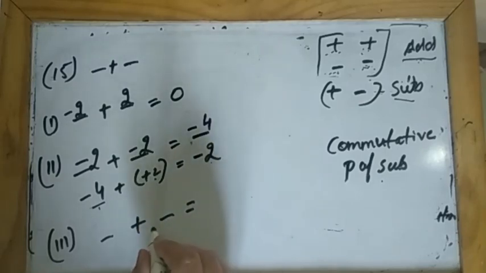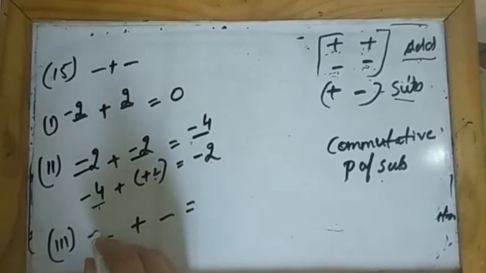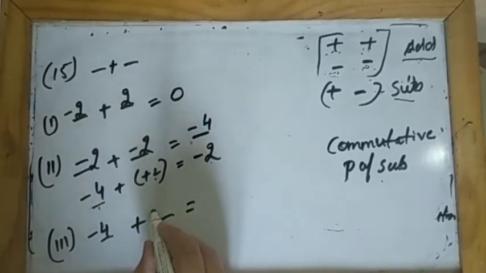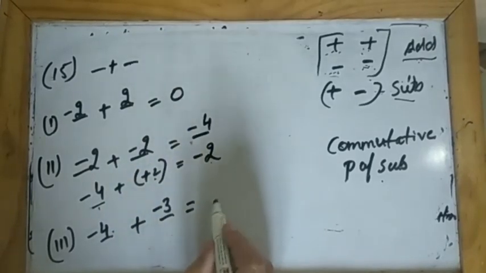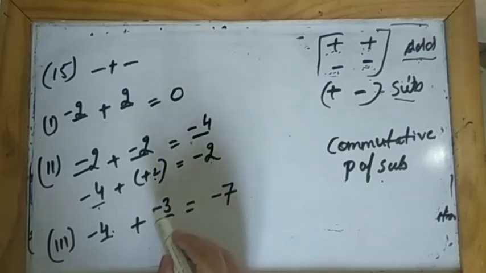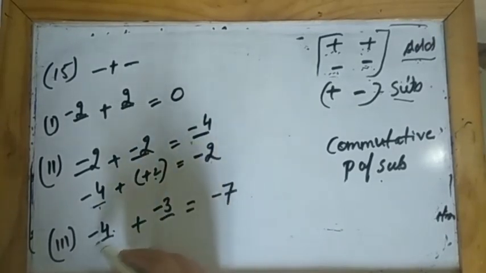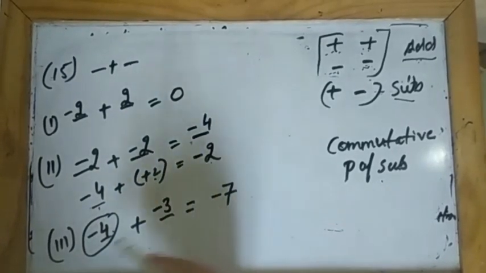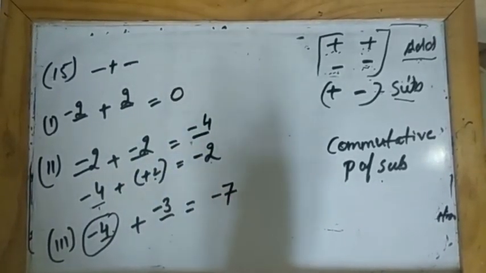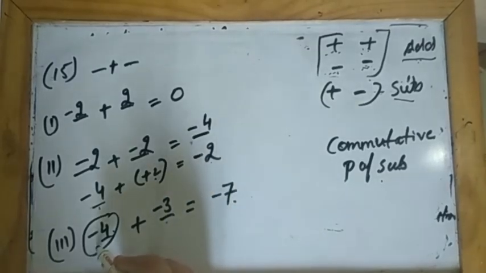So what I can say is, if I take two negative integers and add them, -4 and -3, what will you get? You will get answer -7. When both have the same sign you add them, and the answer will have the sign of the bigger integer. So my answer is -7, and this sum is smaller than both these integers.